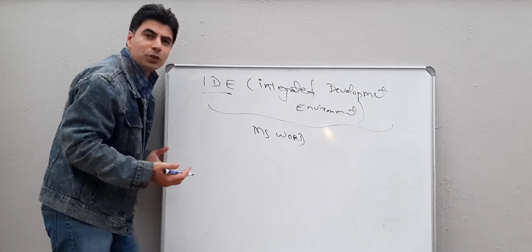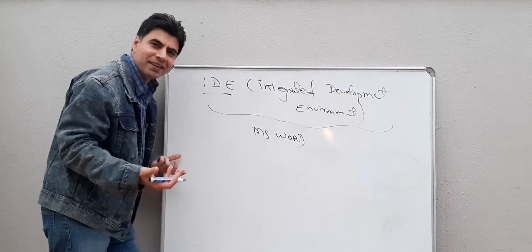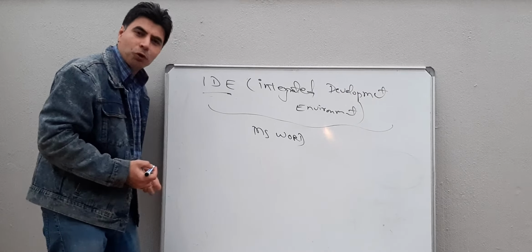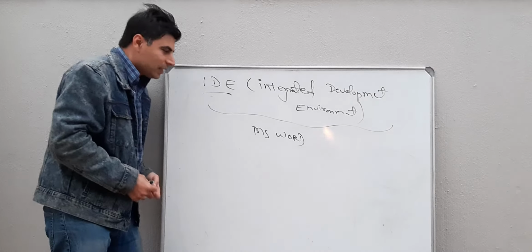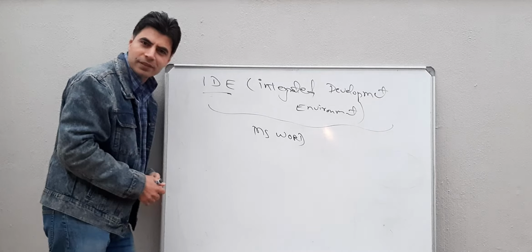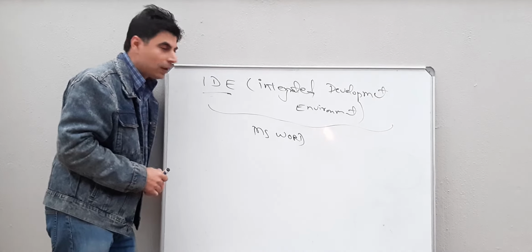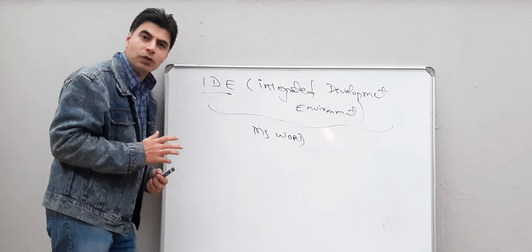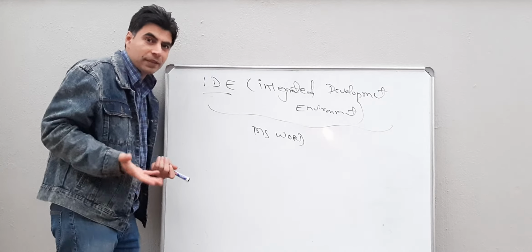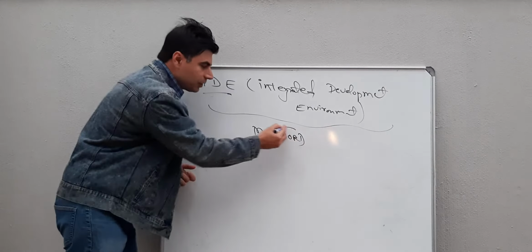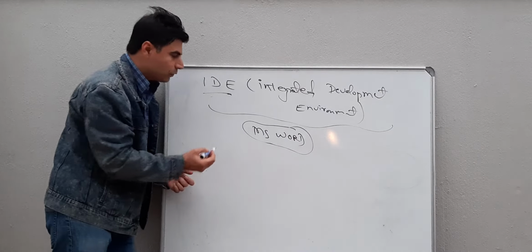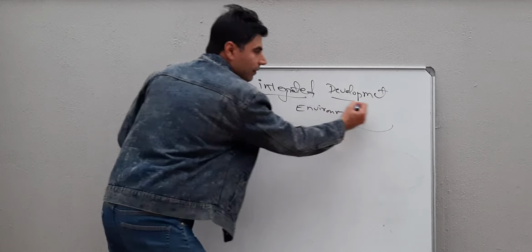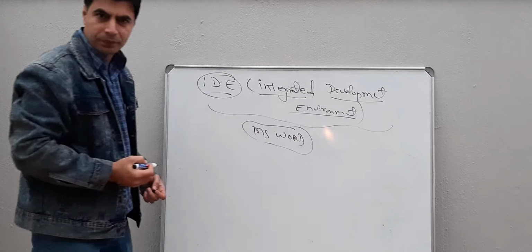Using MS Word you cannot write coding, right? MS Word or Internet Explorer or Google Chrome, these are all just softwares, not for writing code. The software we need to write the code is also software, but it needs to be differentiated from this type of software. That's why we call them IDE, Integrated Development Environment.